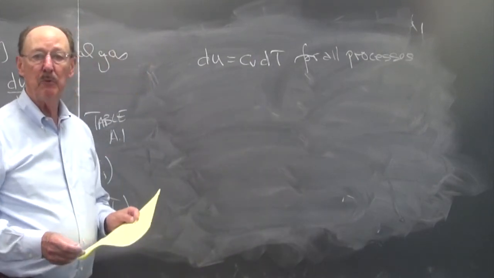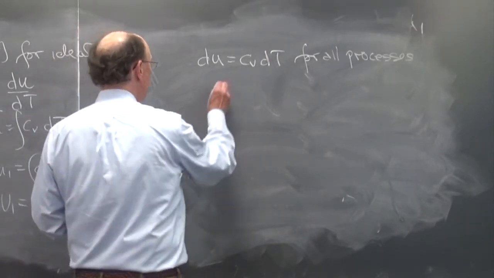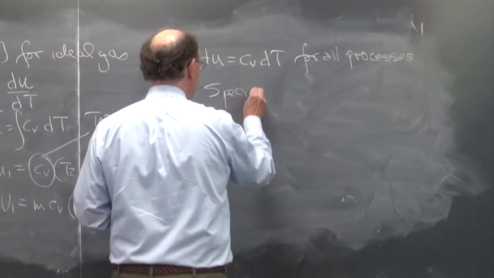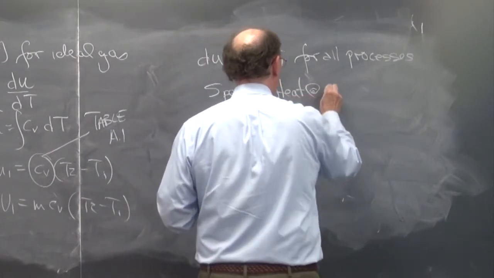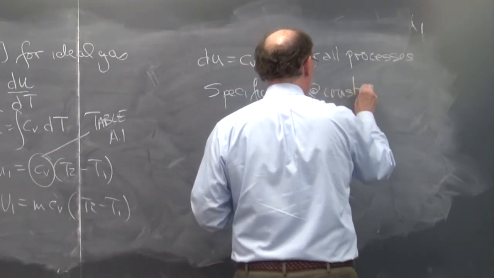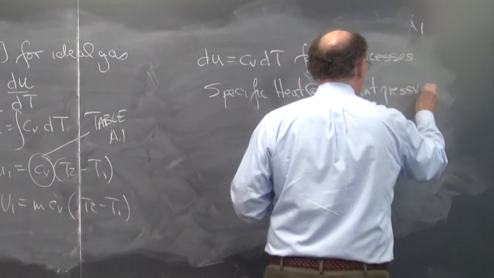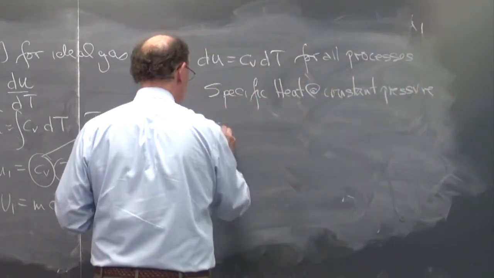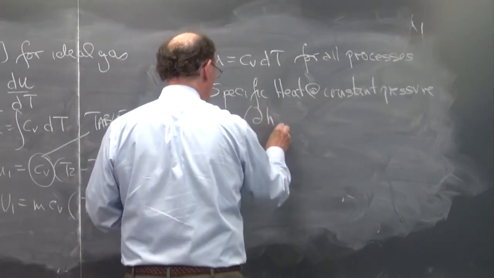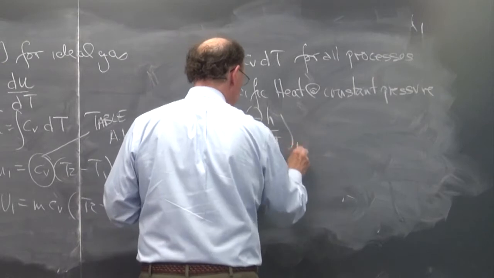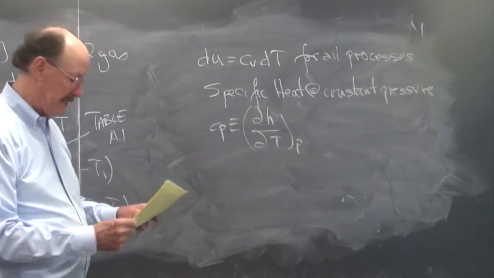And we also want to create a value for enthalpy, and if I look at C sub p, so we have the specific heat at constant pressure, and so we have that C sub p is defined as dh dT at constant P. And again, what we want to do now is look at an ideal gas.